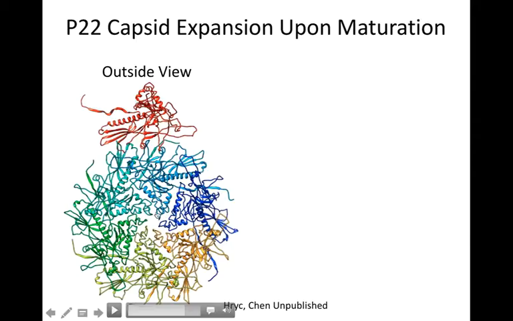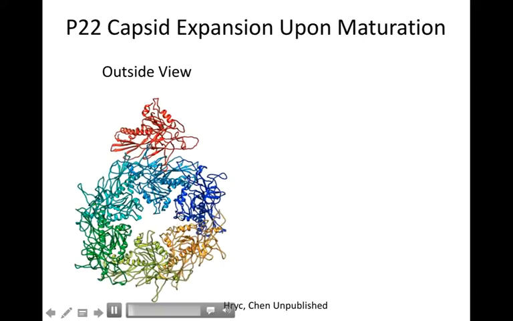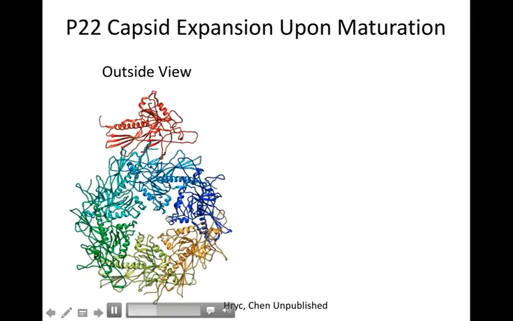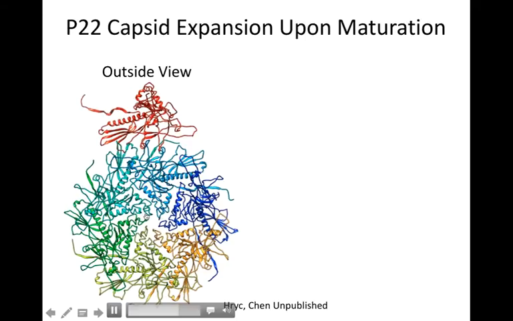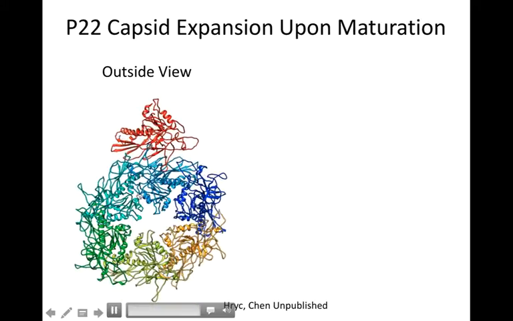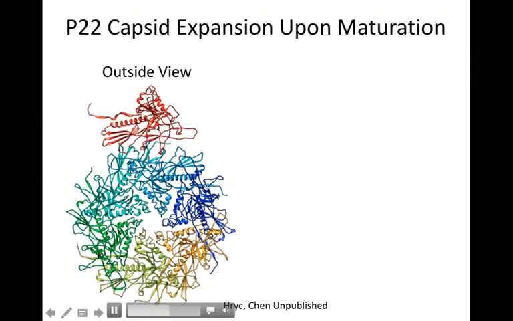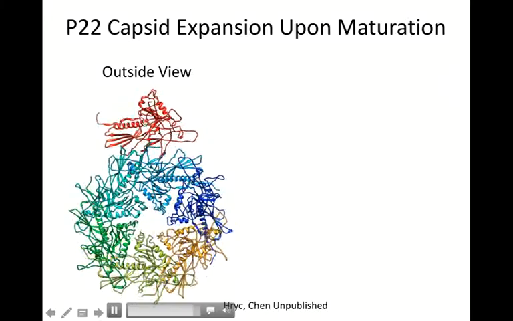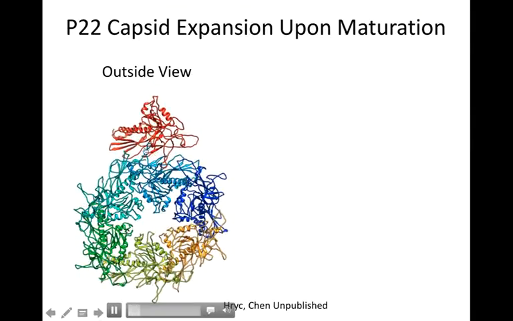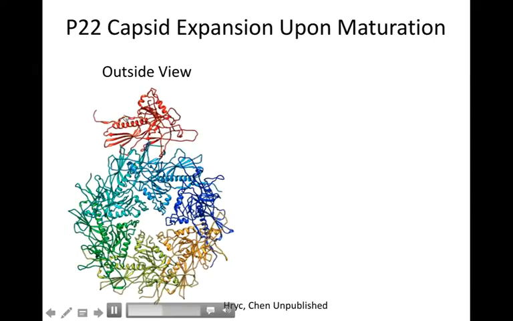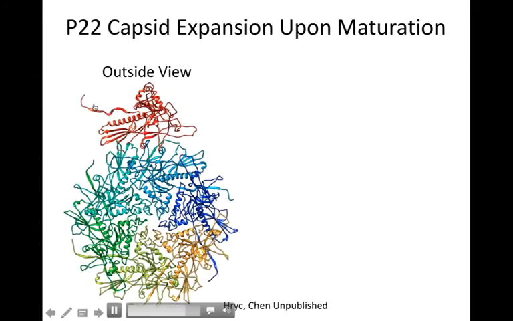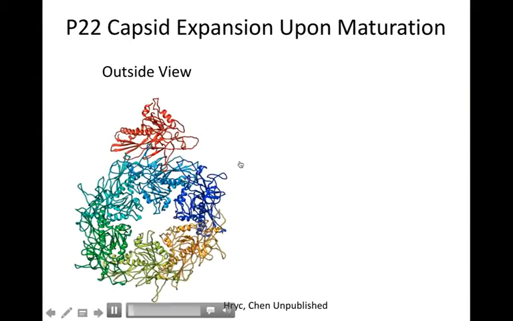If I morph it again, you will see that this loop area undergoes a large conformational change, just like closing up the hole. And in the mature virion, there's much closer contact between the adjacent subunits than in the procapsid. The loop area also undergoes quite a bit of change, as well as the N-termini, which destabilize the helix and become a floppy loop.